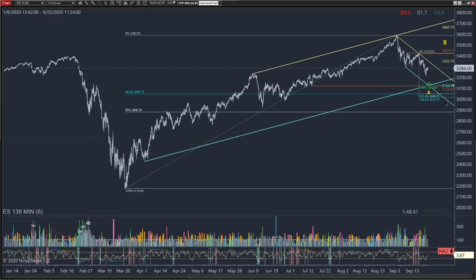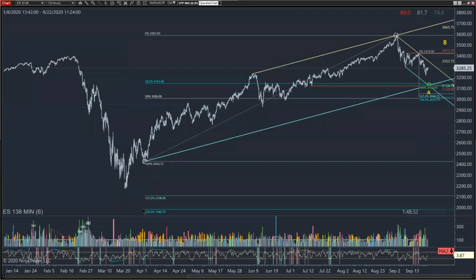I'm going to leave that one there. There we go. That's it. That's the one. Yep. And if we break through this, then of course, this would be more indicative of a big wave 2 decline.